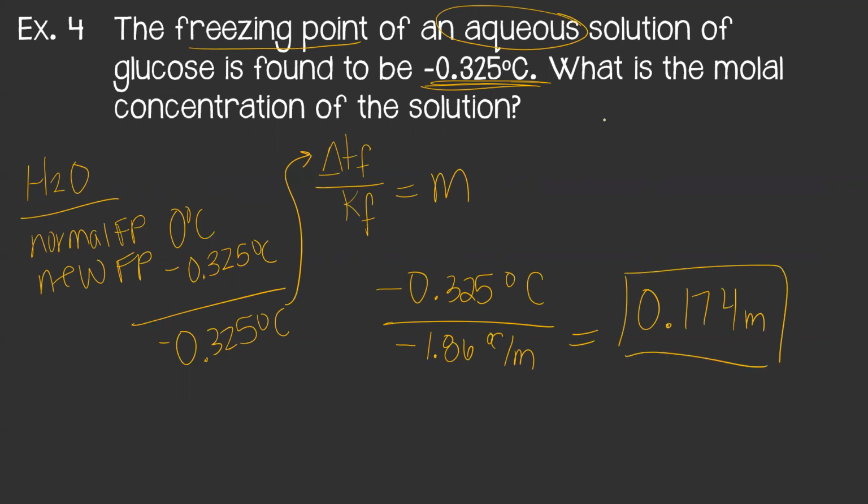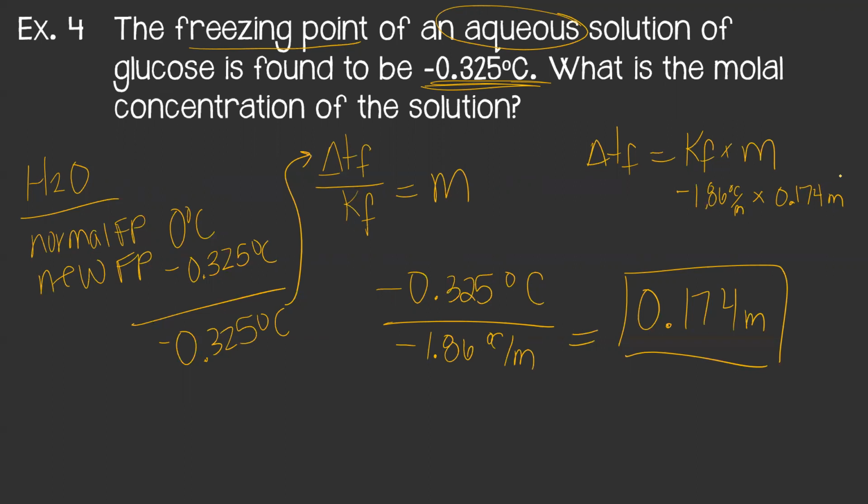You can always plug it back into the original equation. So if you look at the original equation, if you plug the numbers back in, it should be very close to the delta TF. So let's see.